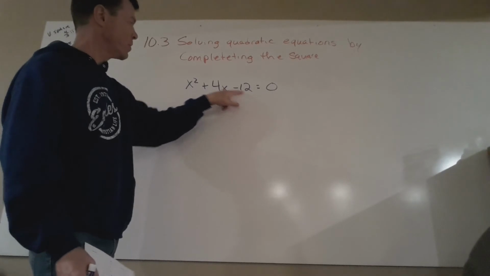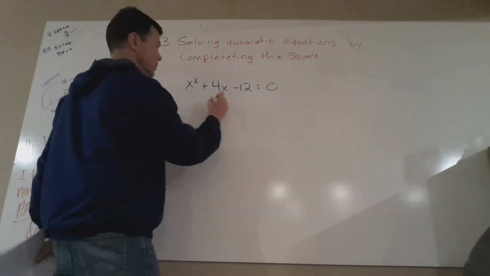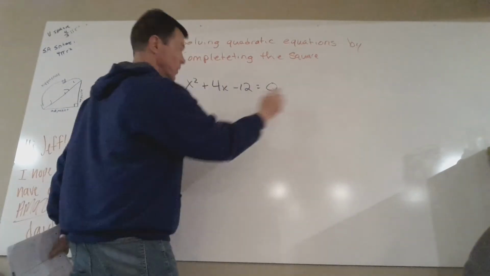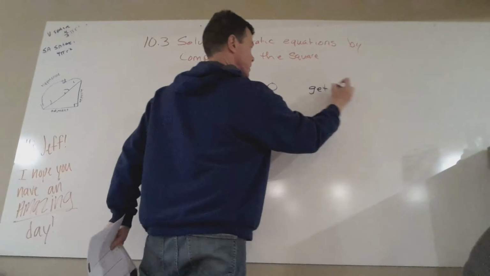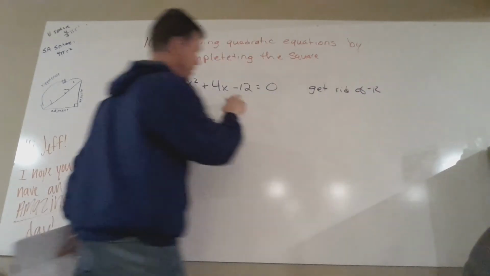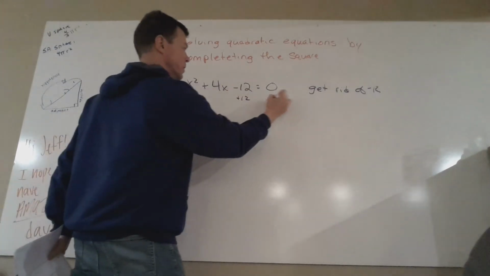So get rid of the minus 12. That's our first step. The way to do that is to add 12 to both sides. So plus 12, plus 12.